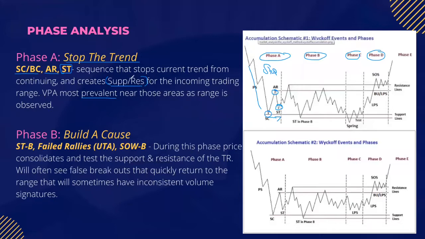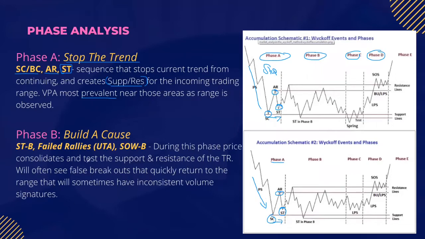Because high volume, we should be breaking these levels. So if we get any sort of manipulation near these levels, then we know that they're fake outs, plainly put. So after we establish that the trend has been stopped, again, selling climax, automatic reaction, secondary test. Unwillingness to go lower, we stop the down move, and now we're moving sideways.